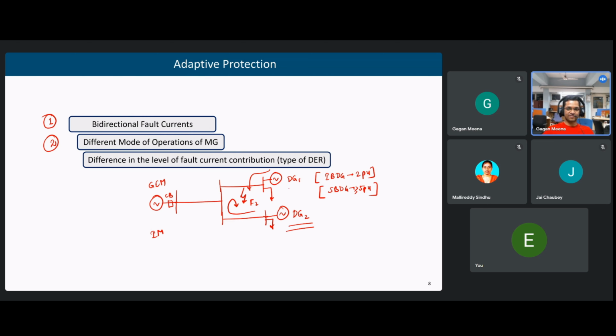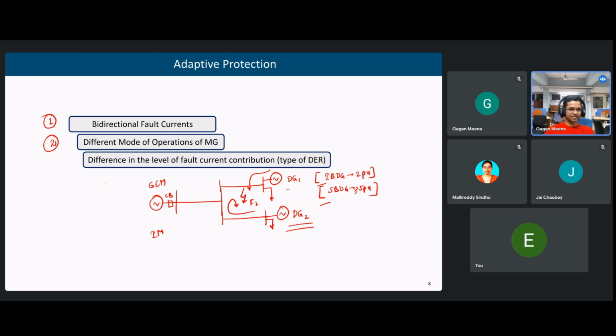If both inverter-based and synchronous-based types of DGs are available, then also the setting will change. And if for some reason one DG is out, maybe for maintenance, then we may have a different configuration of DGs. In that case, also the relay settings will have to be changed.